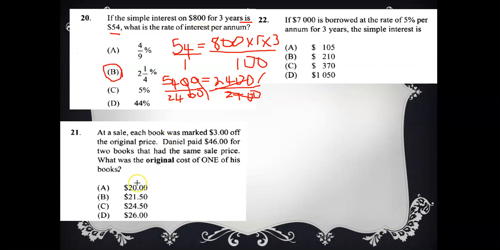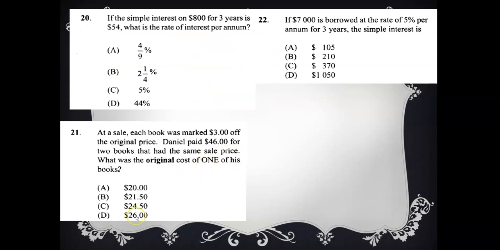Question number 21. At a sale, each book was marked $3 off the original price. Daniel paid $46 for 2 books that had the same sale price. What was the original cost of one of his books?